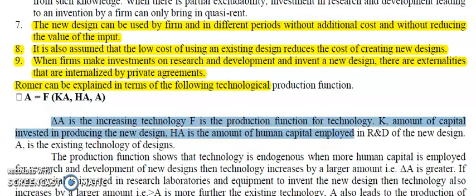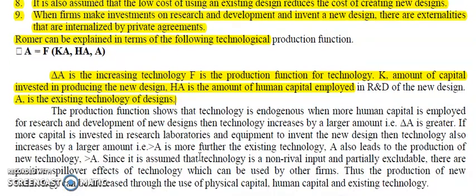K_A is the amount of capital invested in producing a new design. H_A is the amount of human capital employed in research and development of the new design. Capital A is the existing technology of design.